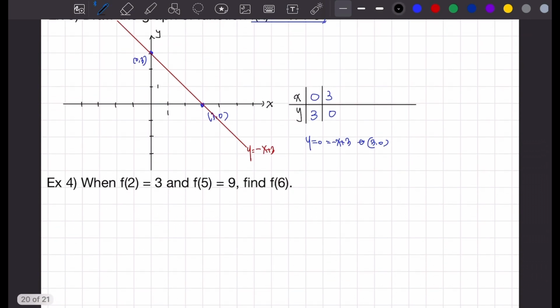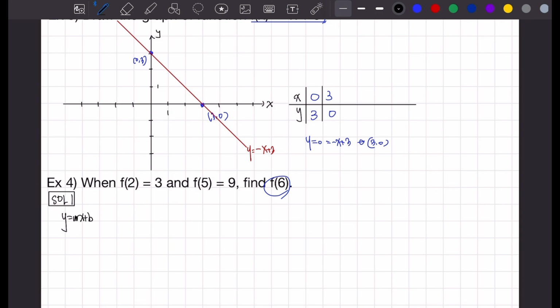Now let's proceed to number 4. The linear function has f(2) equal to 3 and f(5) equal to 9, so let's find f(6) together. There are two solutions to this problem. Solution 1: because it is a linear function, we can write a system of equations.